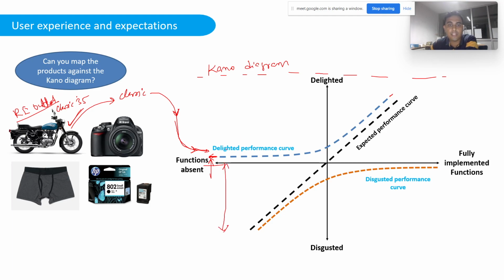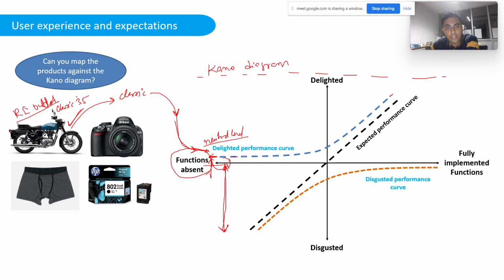That means in terms of customer satisfaction, it starts from a neutral level. There is no disgusting experience, no unhappiness, even without having any functions. Just by acquiring the product, the customer feels satisfied. That means it's a neutral state.